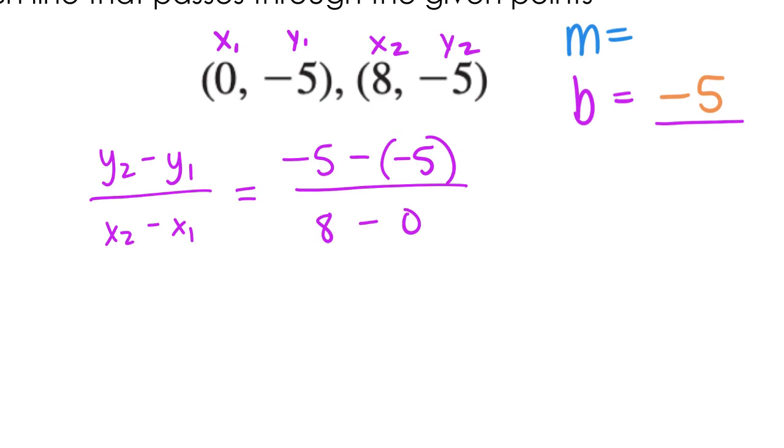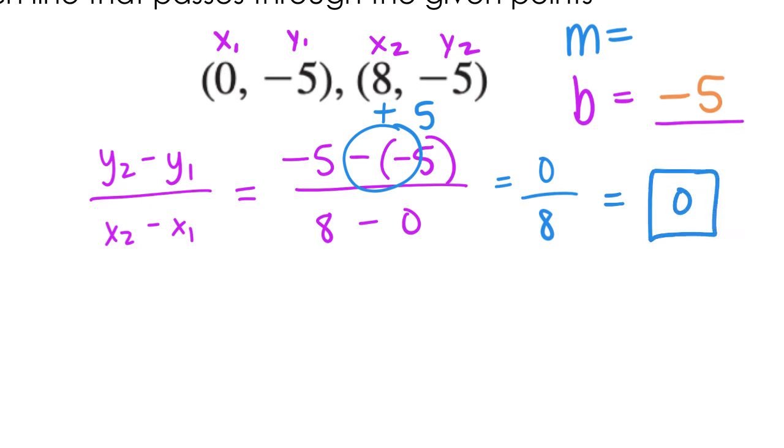Uh-oh, this one's weird. So this becomes a plus, right? Which makes this just become 0 because -5 plus 5, well, that's just 0. So we have a 0 on the top, we have an 8 on the bottom, and then remember, when you have a 0 on the top, that means your slope is 0. 0 divided by 8 is 0. So our slope is 0.